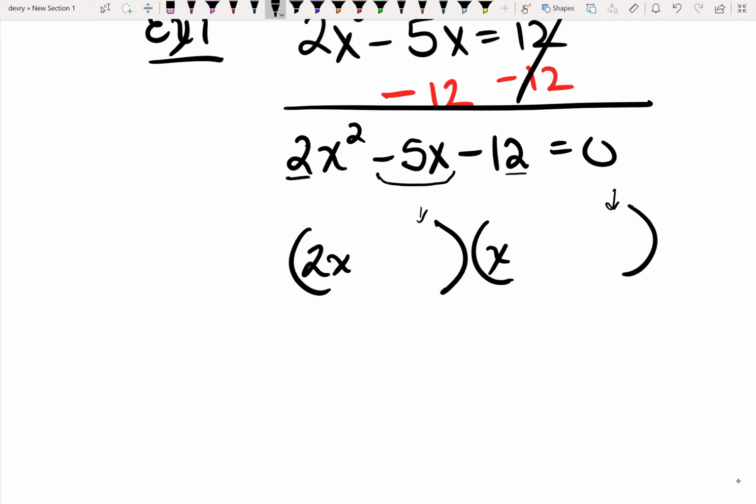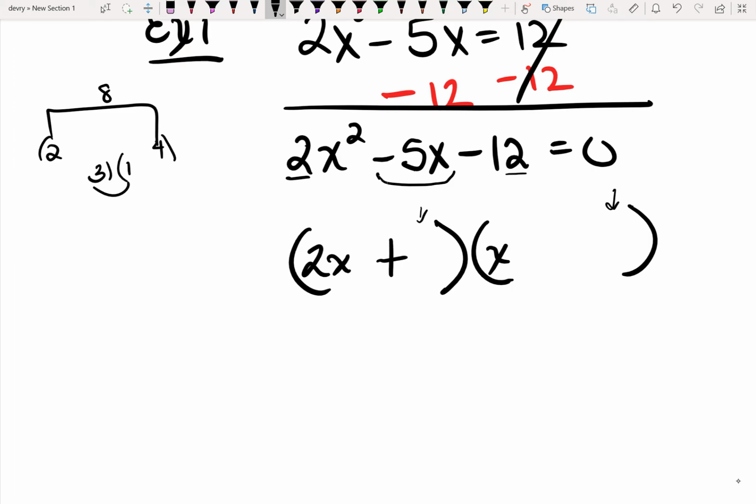I'm thinking that 3 and 4 would work, because if I use the 4 outside, that'll give me 8, and if I use the 3 on the inside, 3 times 1, that would give me a 3, and 8 minus 3 would give me the 5, so that would work.